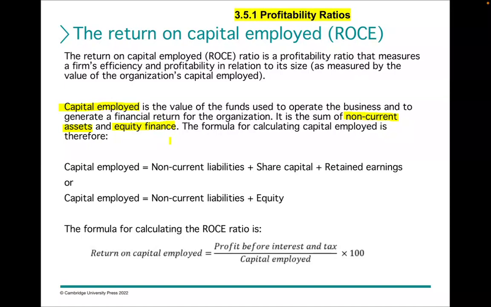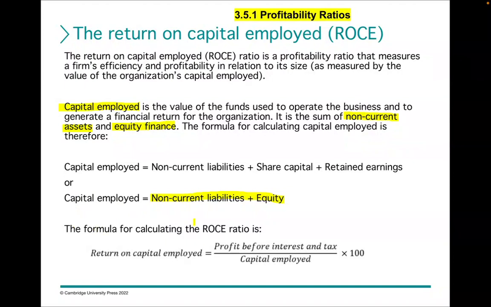The formula for calculating capital employed is therefore non-current liabilities plus share capital and retained earnings, which is basically equity. So it's simplified here: non-current liabilities plus equity. So this is what capital employed is.